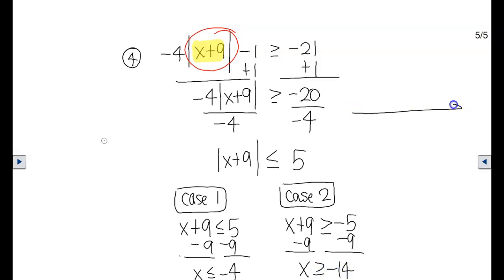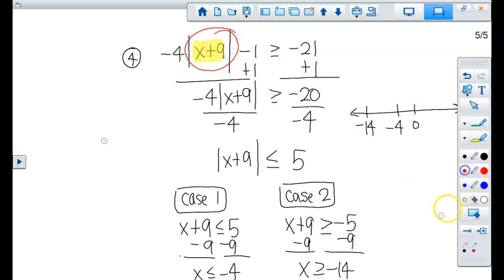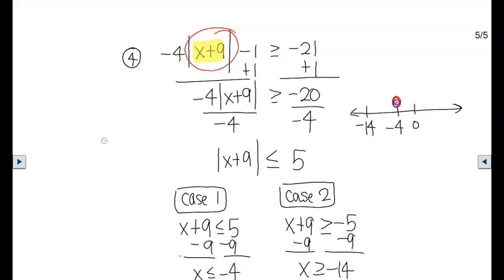If I'm looking at a number line, 0, negative 4, negative 14. For x less than or equal to negative 4, that's going to require a closed circle, shading left. X greater than or equal to negative 14, closed circle, shading right.